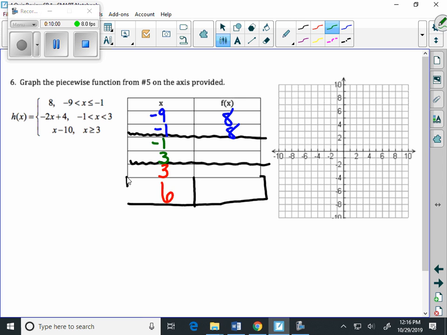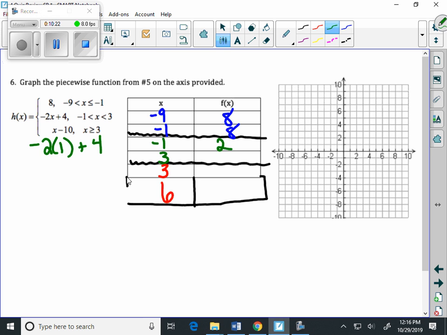On this particular one, we're going to take negative 1, and I actually think I can fit it over here, and put it back into the function wherever we see x. So negative 2 times 1 plus 4. Type it in your calculator if you have to. Negative 2 times 1 plus 4 is 2.